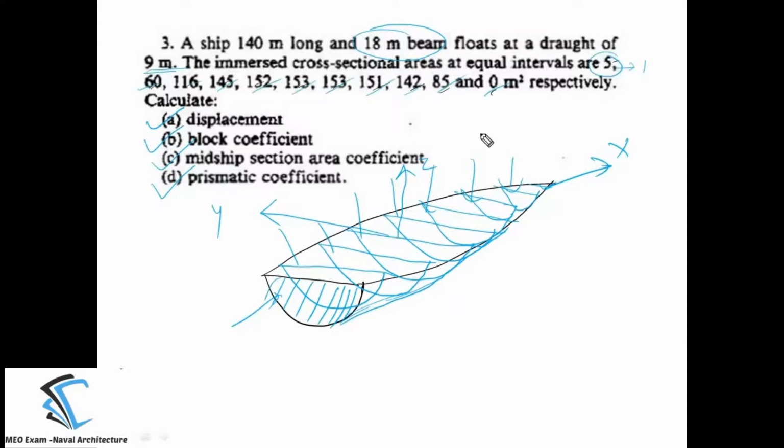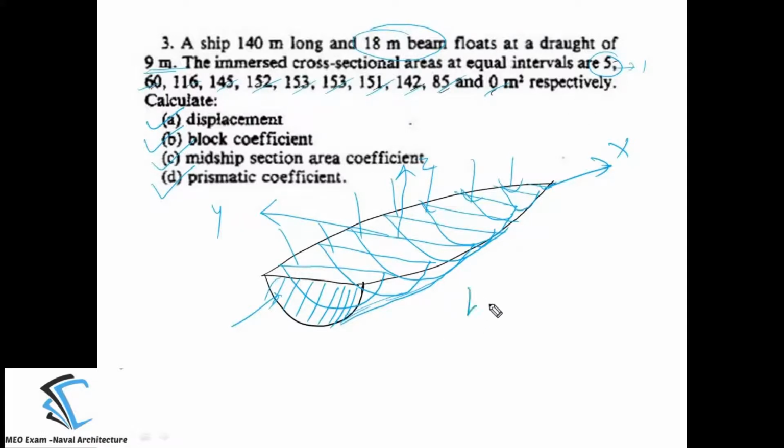In this numerical, these cross-sectional areas are themselves called ordinates, and the spacing between consecutive ordinates we need to find out. If you have 11 ordinates, how many intervals will there be? There will be 10 intervals.